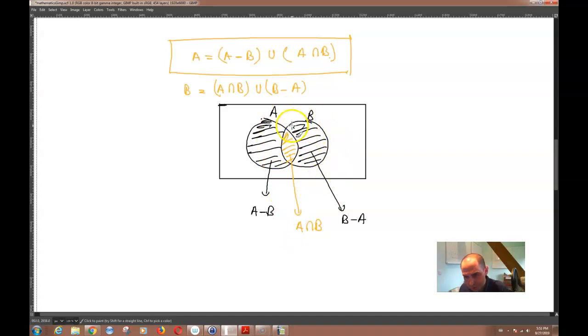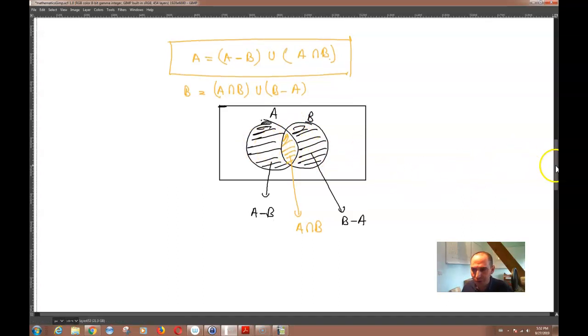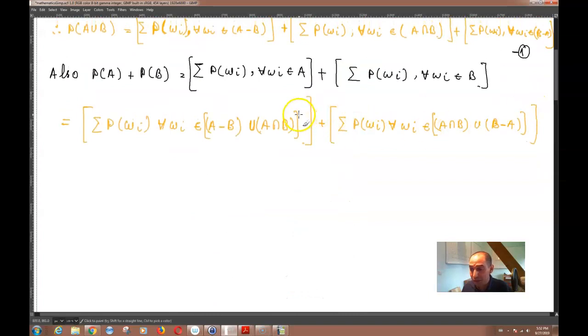So what you do is, of course, you can separate them based on the logic that we use basically in probability, right? Not based on the logic of sets or anything like that. Based on the logic of probability, I can write this as basically sigma of P of omega of I for all omega of I belonging to this set A minus B, right?